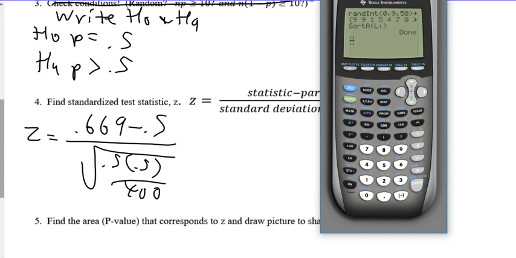And then you just type in 0.669 minus 0.5 in the top, and then go down and do second square root. You can just do it separately, whatever works for you. And then 0.5 times 0.5 divided by 400. Whoops. That was alpha y, right? Yeah.